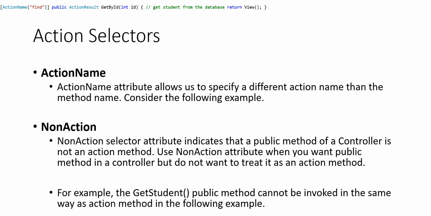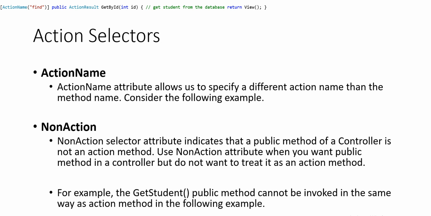The next is non-action. Basically, the non-action selector attribute indicates that a public method of a controller is not an action method. We had seen that all the methods within the controller class should be public. The action methods cannot be private and cannot be protected.